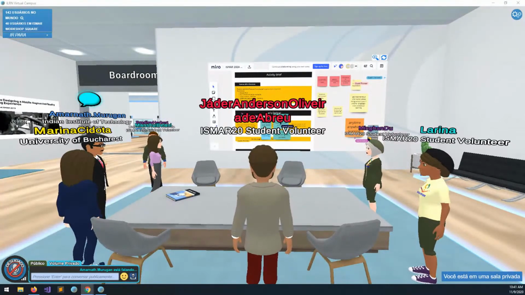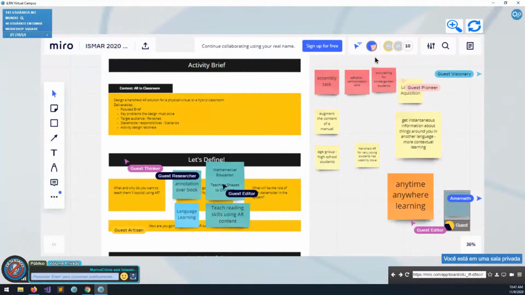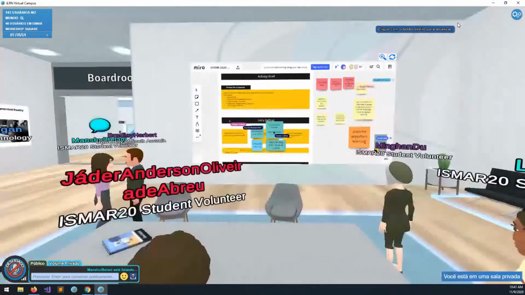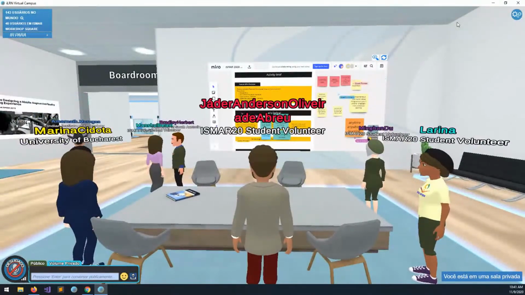Does that work? Yes, that's fine. Great. All right, I'll ask the organizers to come to the main room. Once you're done, we could assemble in the main hall and start the presentation. Yeah, sure.